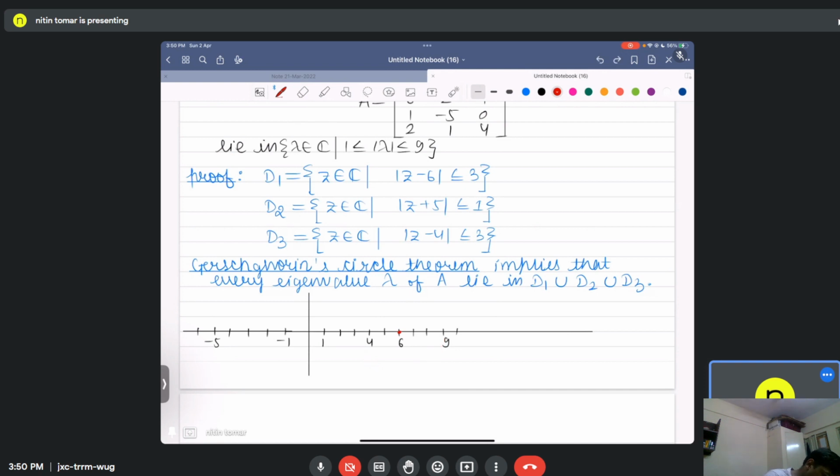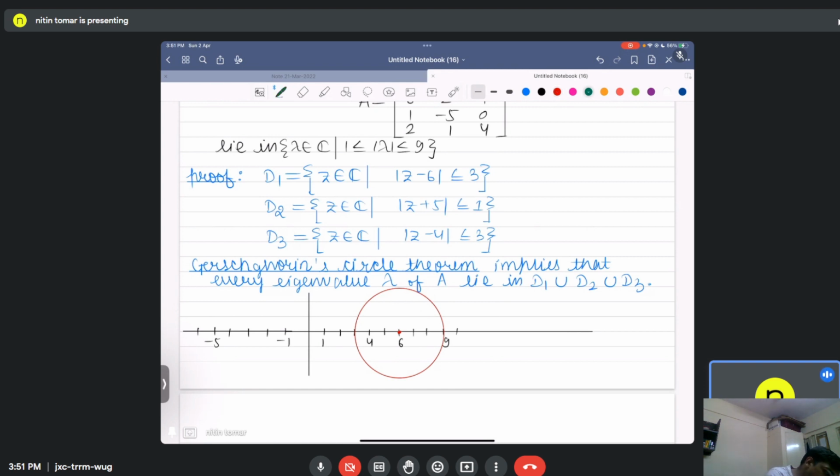It looks like an ellipse, no. So this is D1.